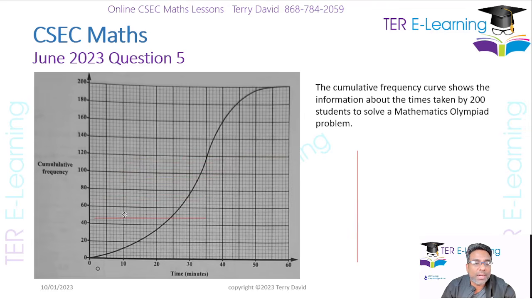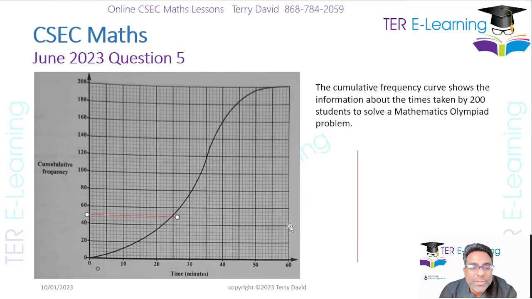Now, some students had a little trouble with this because they didn't understand the scale they had. This graph is not perfect, so I'm going to have to estimate some stuff here.